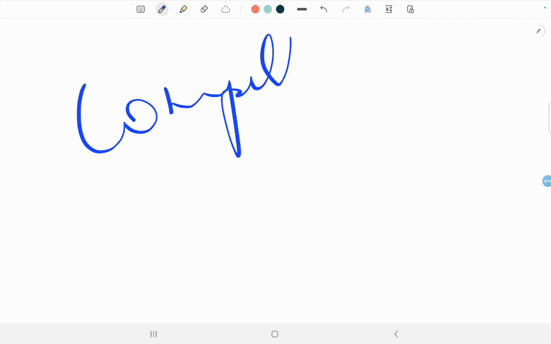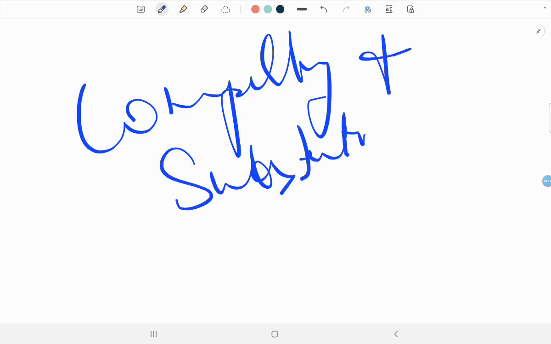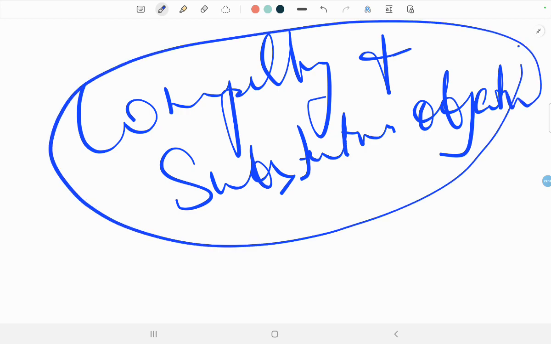A provincial law may infringe an Aboriginal and a treaty right, but there must be a compelling and substantial objective behind it. What is a substantial and compelling objective?